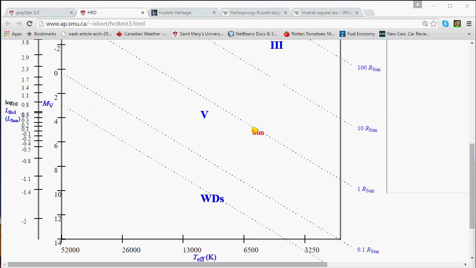Now, if you have a little bit of experience plotting up various functions in a graph, then you may remember that if we were looking at an ordinary y versus x plot here, that is a graph in which the x tick mark values and the y tick mark values were equally spaced in linear quantities, then the plot of an equation like y equals x to the fourth would give you a curved line.